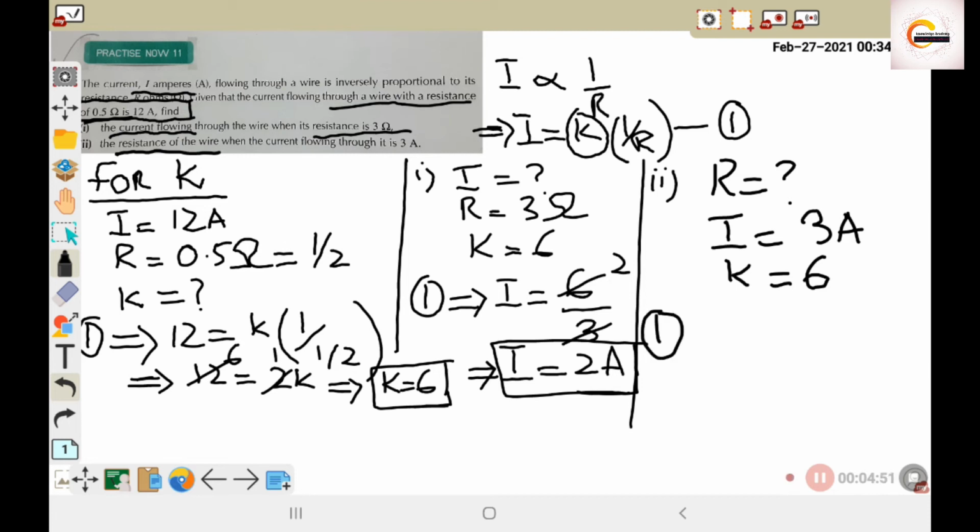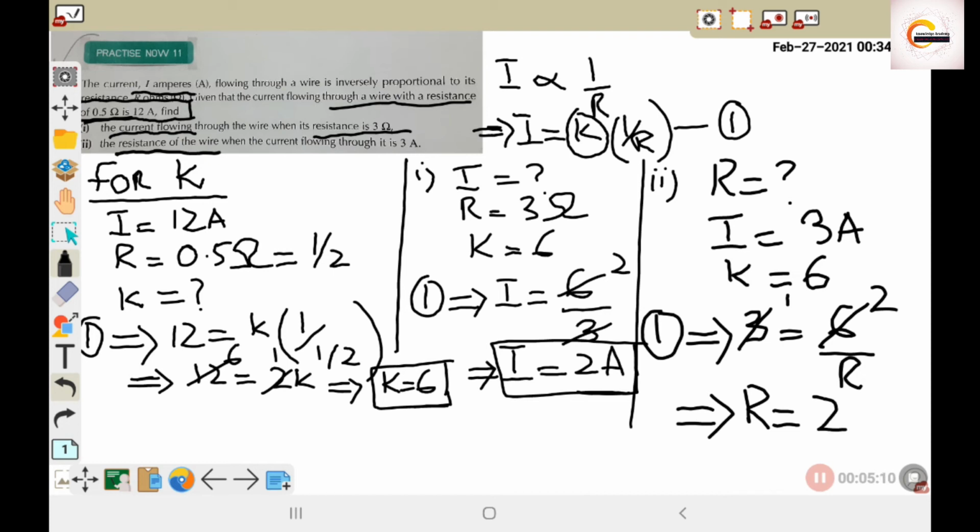Putting all these values in the formula, value of I is 3, value of K is 6, and value of R is unknown. Now 3 ones are 3, 3 twos are 6. R is equal to 2 ohms. This is our answer.